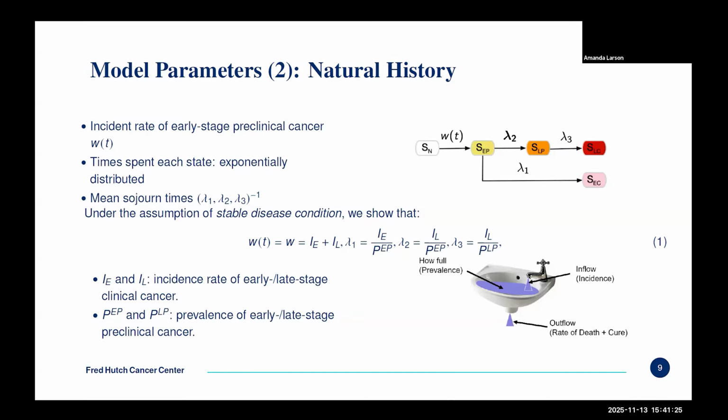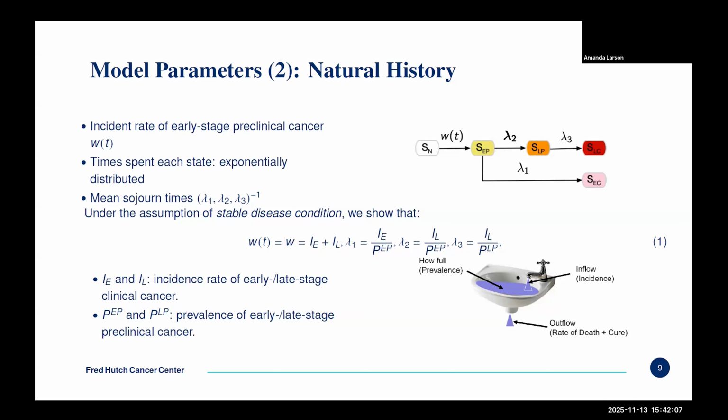And we show that the incidence, the prevalence and the mean sojourn time have a relationship. This bathtub analogy can be used to understand what this stable disease condition means and how we get these quantities. We can treat the bathtub's water pool as the prevalence pool.